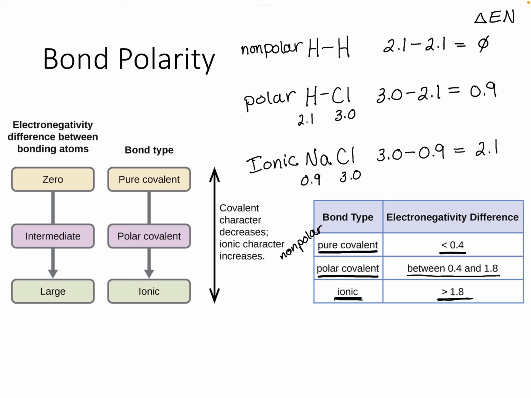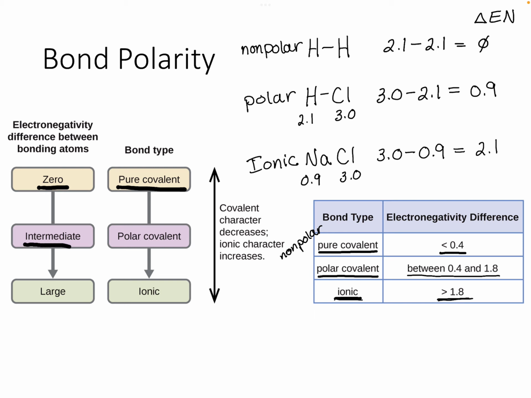Now, I do have a little chart on the left here, just showing kind of a general scheme. So if your electronegativity difference is 0 or close to 0, the bond type is pure covalent, or we also say non-polar covalent.